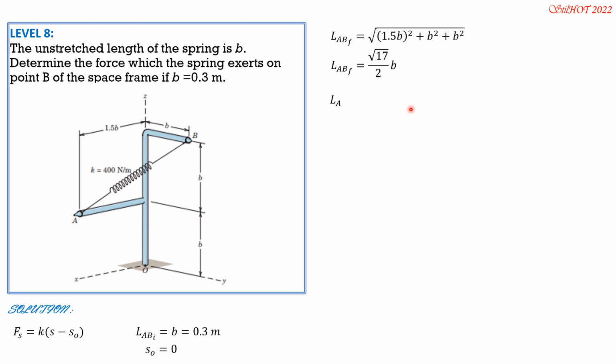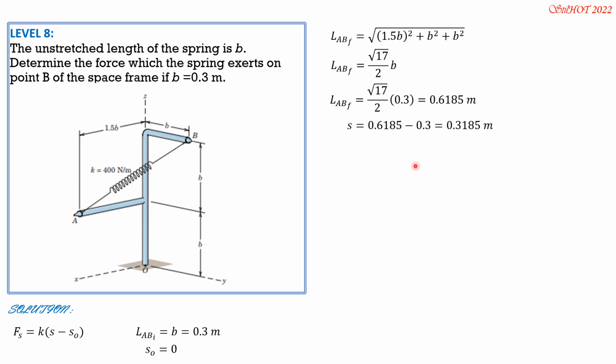Since b is 0.3, the final length of AB is the square root of 17/2 times 0.3, in decimal that's 0.6185 meter. If this is the final length of AB, then the final displacement is final length minus initial length, which is 0.3. So 0.6185 minus 0.3, that's the final displacement, 0.3185.